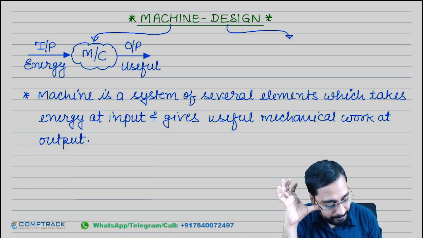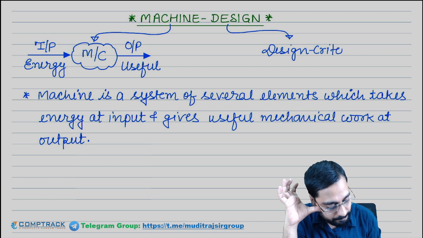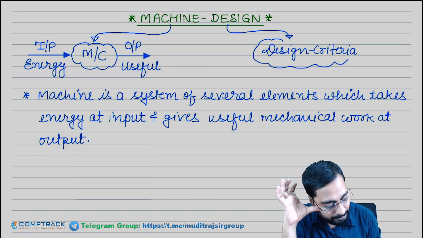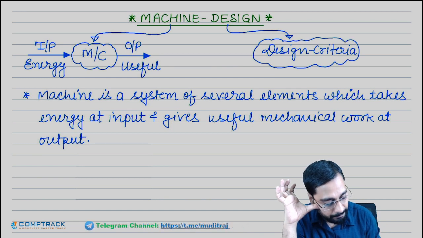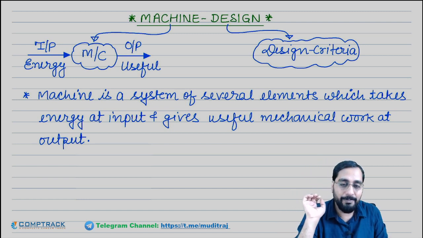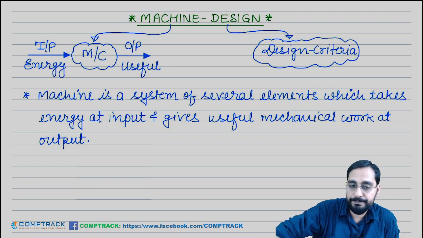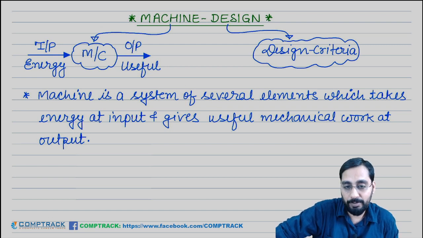Design means there will be some design criteria. Here each element will be subjected to some kind of loading, and due to that loading there will be stresses induced in the members.